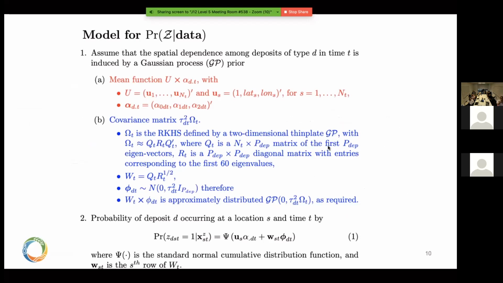Okay, so now we have a model. We want a model that's going to model the probability of finding a particular type of deposit given all our data.